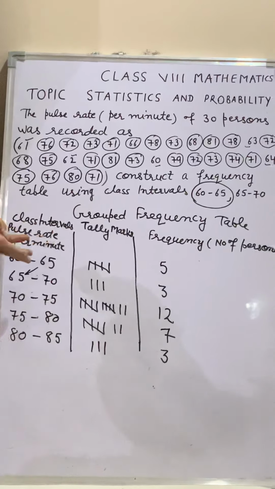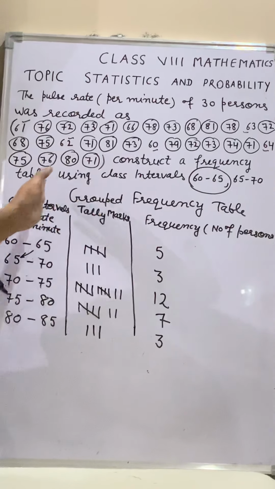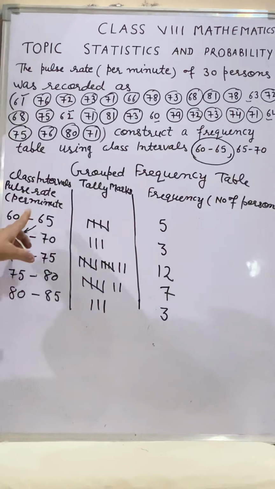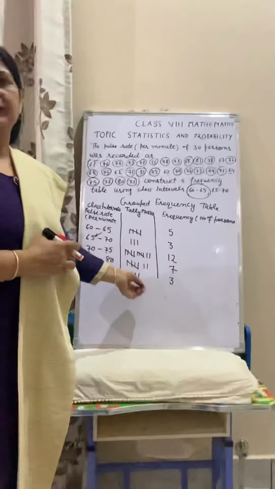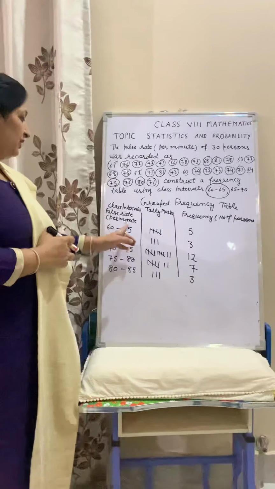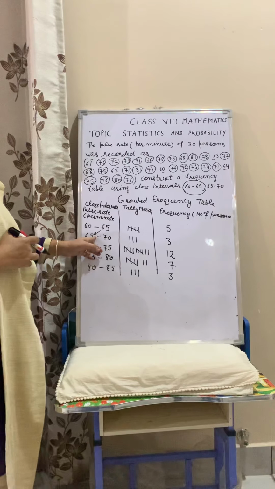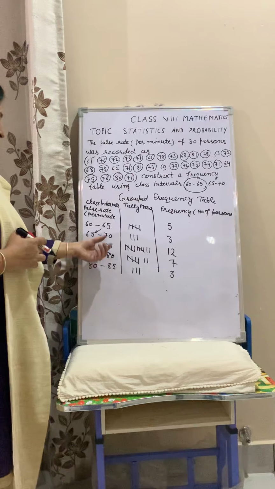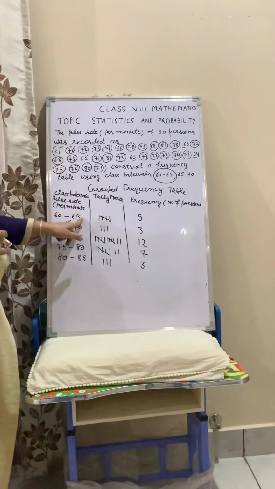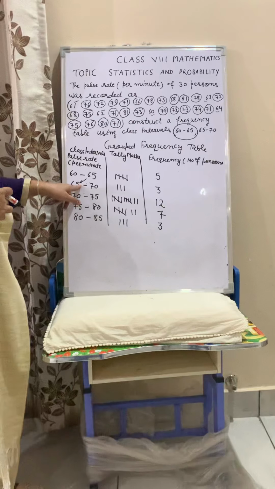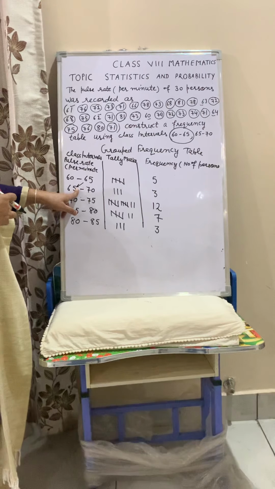When we prepare a continuous grouped frequency table, we prepare a histogram also. If the group is not continuous, first of all make the group continuous. What is the meaning of continuous? The upper limit of the first group is the same as the lower limit of the second group.